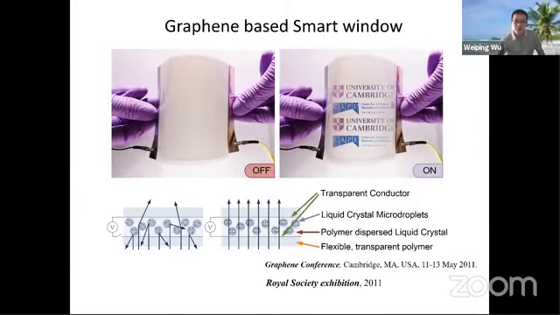This type of device is particularly important and useful for electrically modulated optical windows, where we can control the intensity of sunshine or light transmission. Therefore, you can use them as windows, or as energy manipulating devices for sustainable green buildings.